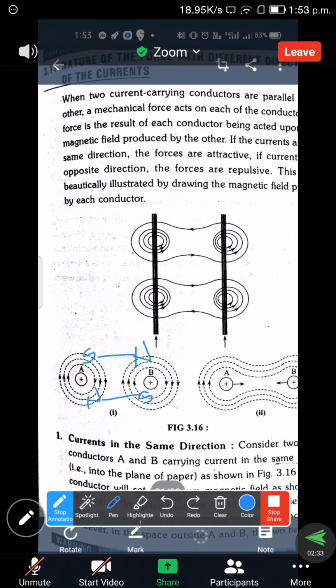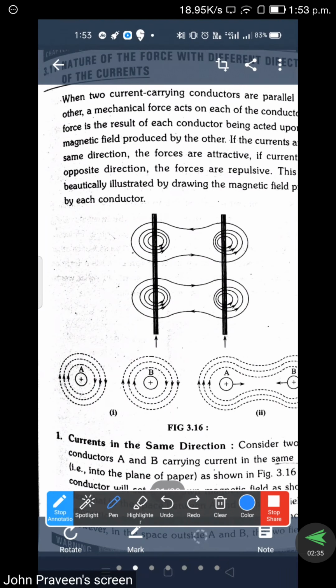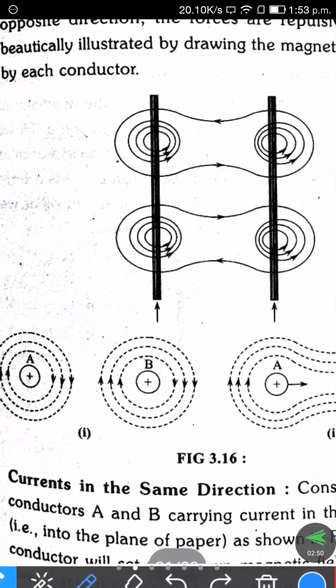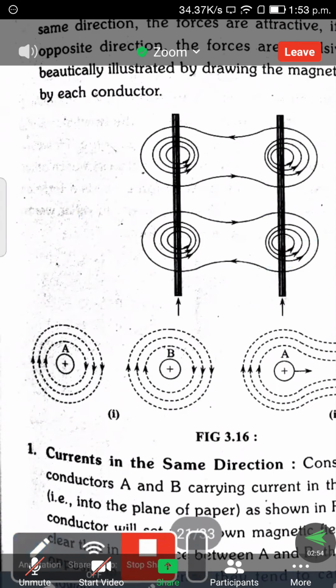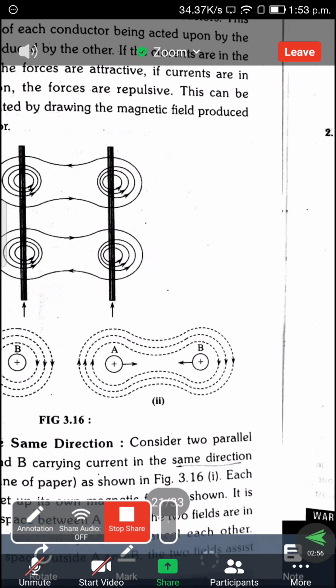Whenever an attraction force exists, the flux lines will automatically link to each other. The outermost will be linked with this, the second-most with this, and the innermost also linked with this. So the field lines will be stretched like an elastic.